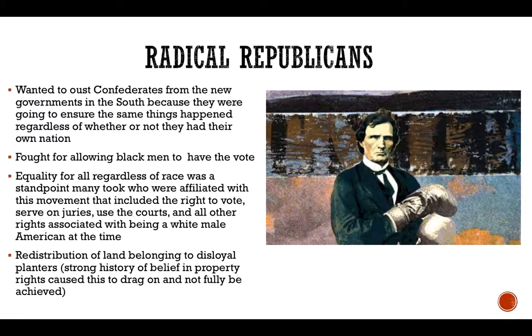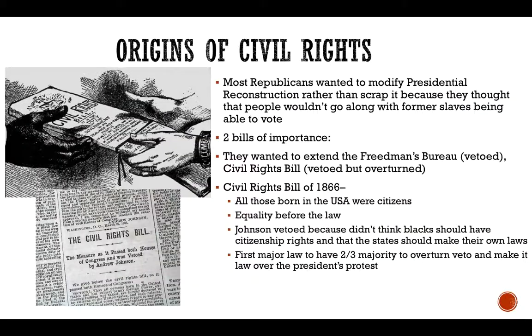And there was a strong belief in property rights that we've talked about over and over and over again that caused us to drag on. And it wasn't ever fully achieved, because taking people's land away from them, if they were white American men, was seen as somewhat blasphemous.